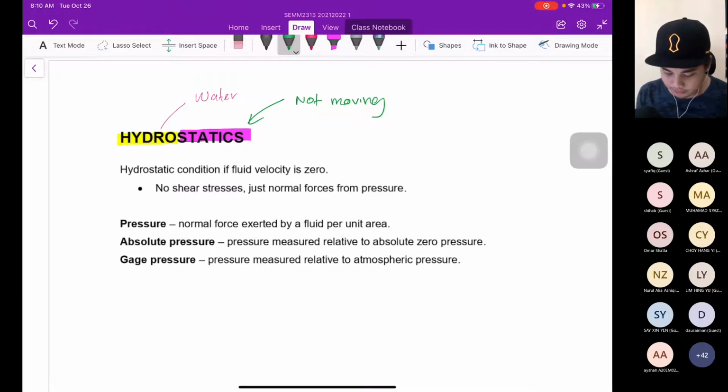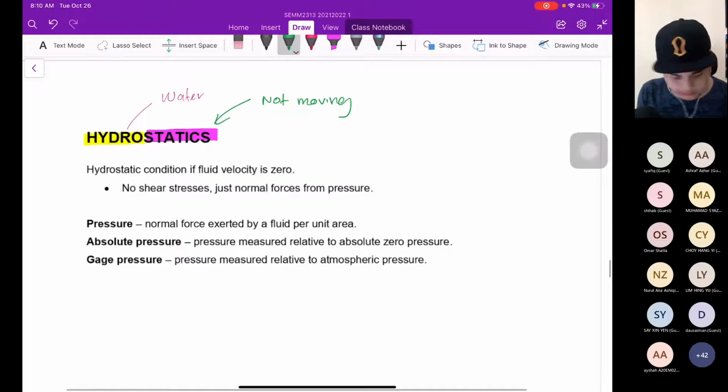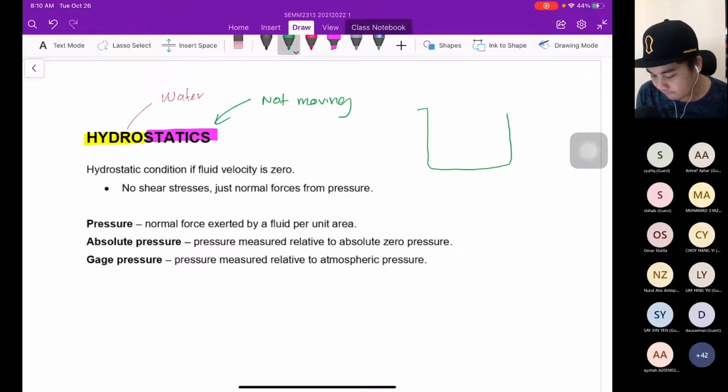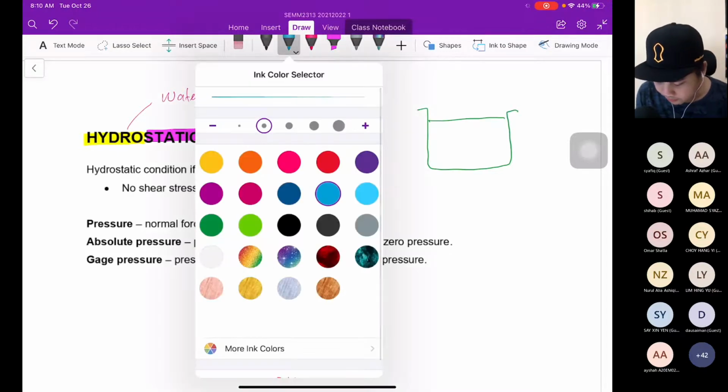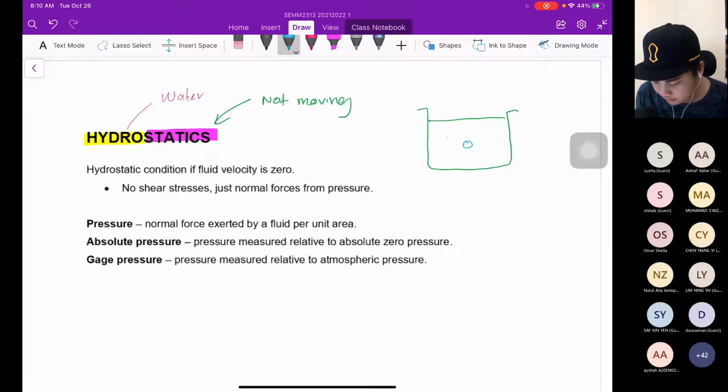Okay, so what does it mean? For example, this is a fluid particle inside a beaker. Alright, and then we have a fluid particle. Alright, so since it is not moving, definitely there is no shearing stress. Shearing stress means it is moved in a tangential direction.